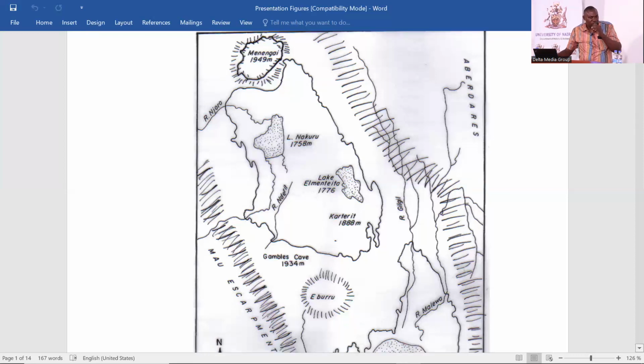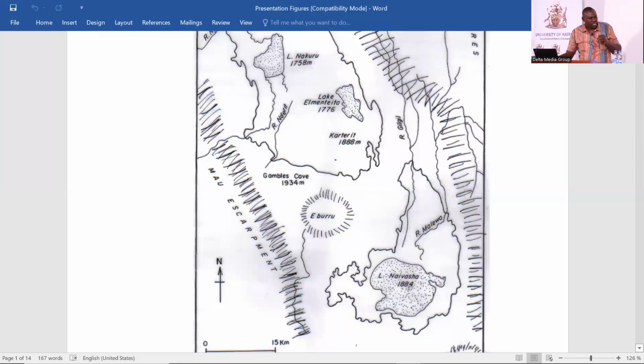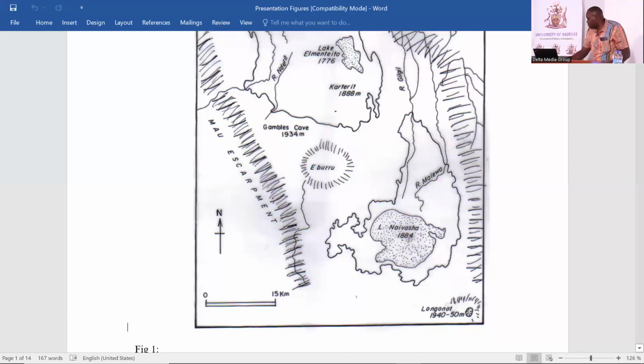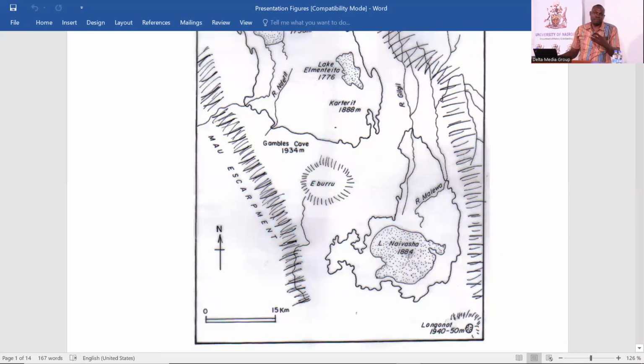This is where we have the Central Rift. The Central Rift, of course, extends all the way from the Naivasha basin through the Elementaita basin and all the way to the Nakuru basin. So sometimes this region is described in different terminologies.